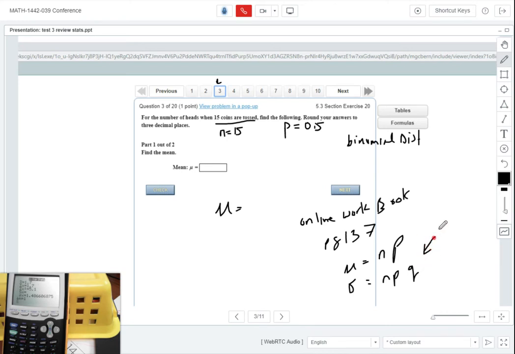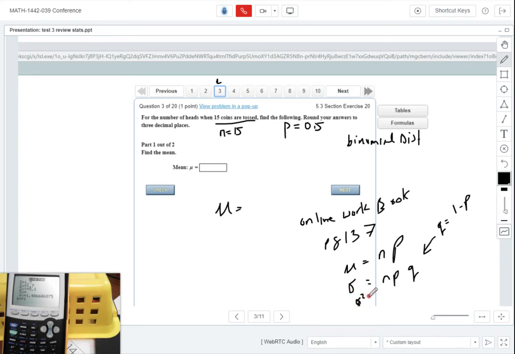And just to show you, n is the number of trials, p is the probability, q always equals 1 minus p. So the p and q have to add up to 1. If p is 0.5, then q is 1 minus 0.5, which is also 0.5. If p is 0.7, then q is 0.3, because once again, they have to add up to 100%.